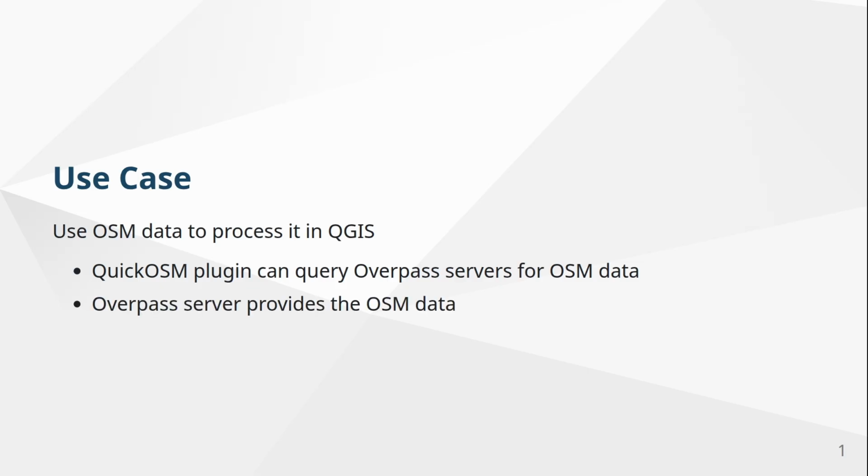And the QuickOSM plugin queries Overpass servers, and these Overpass servers provide the OSM data. So Overpass servers usually have a copy of the OpenStreetMap data, and they provide the data to the QuickOSM plugin that then imports the data into QGIS.